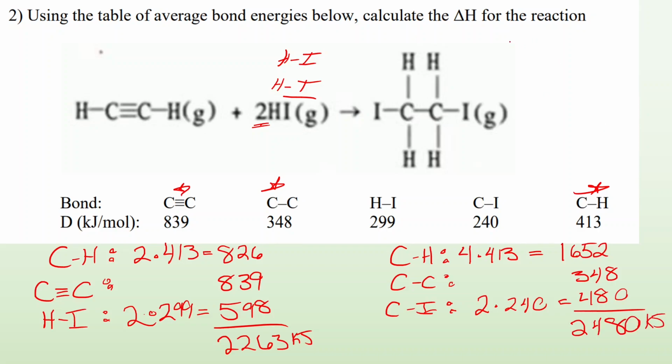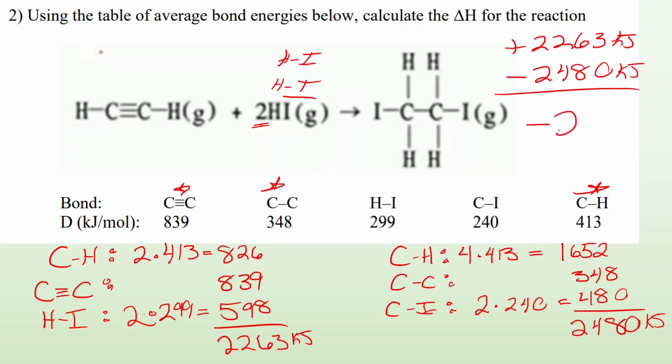So the overall delta H, well, I had to put in 2,263 kilojoules to break all those bonds, and then I released 2480 kilojoules. So that's a negative value. And then I do that math, and I end up with a negative 217 kilojoules as my final answer.